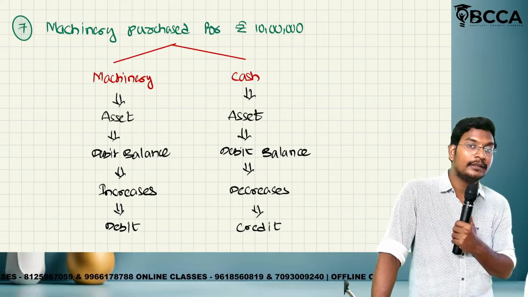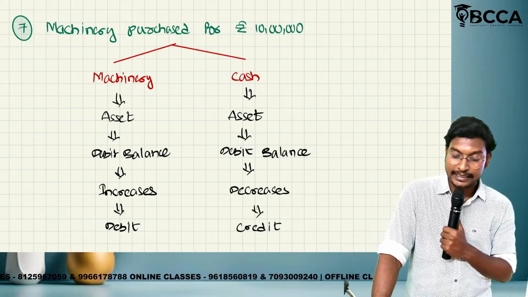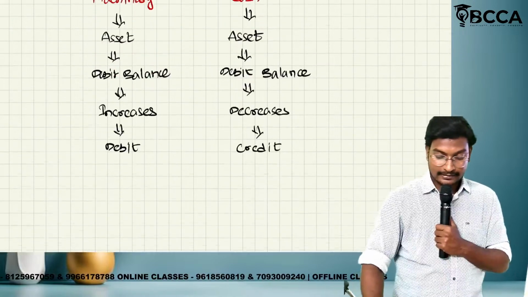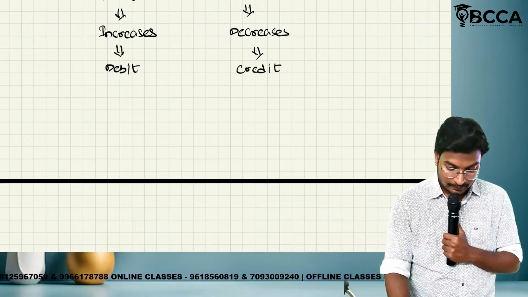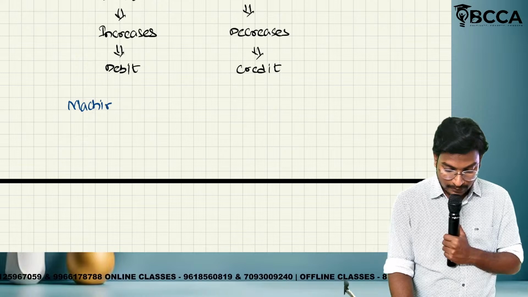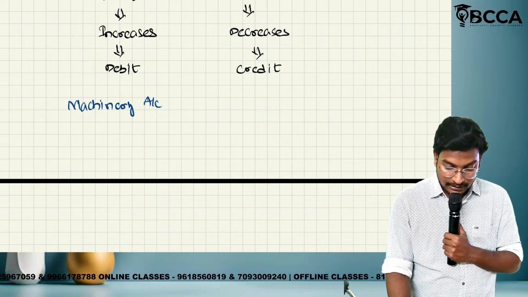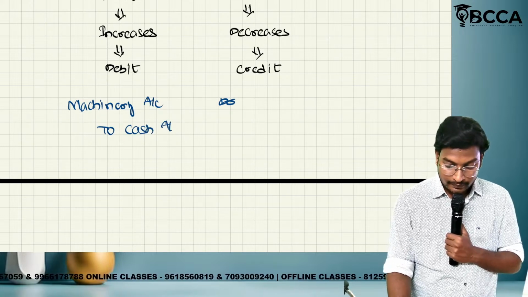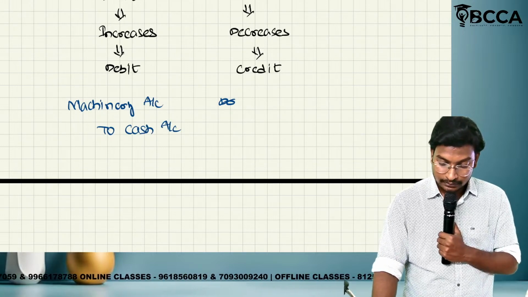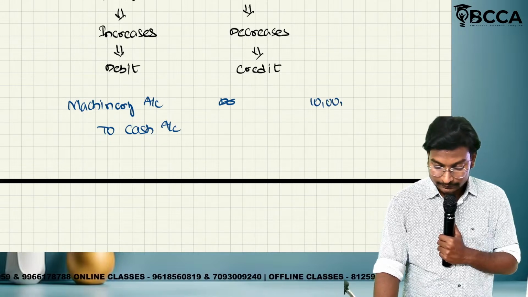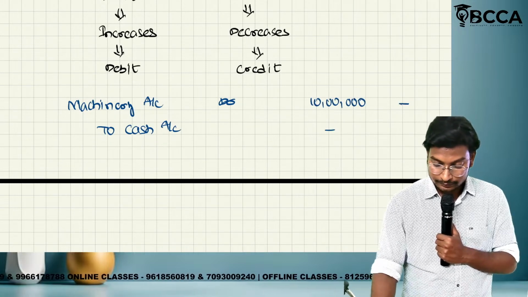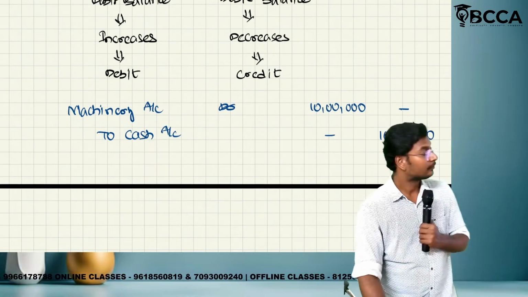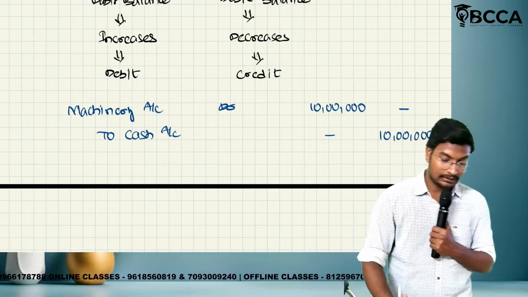First we have to write the debit account name. So machinery account debit to cash account. How much? 10 lakhs. So this is how we write the journal entry.